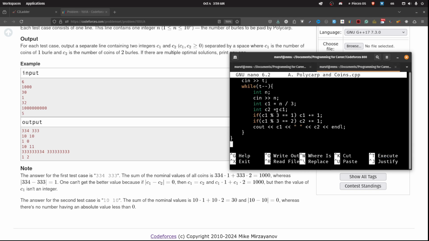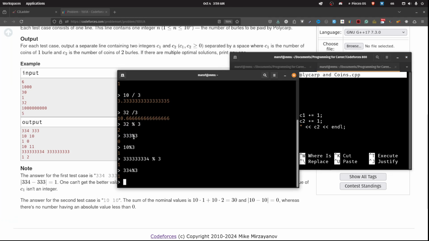Why? Oh sorry, actually I copied the same thing, and the value of C1 is the value of C2 here. So if C1 modulo 3 equals 1, what do I get here? 334 modulo 3, but I didn't get 334 actually.